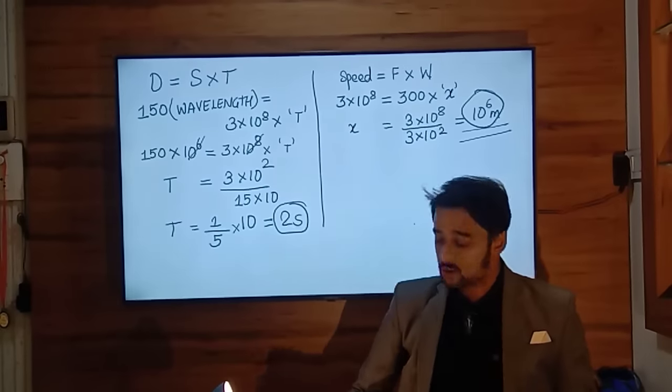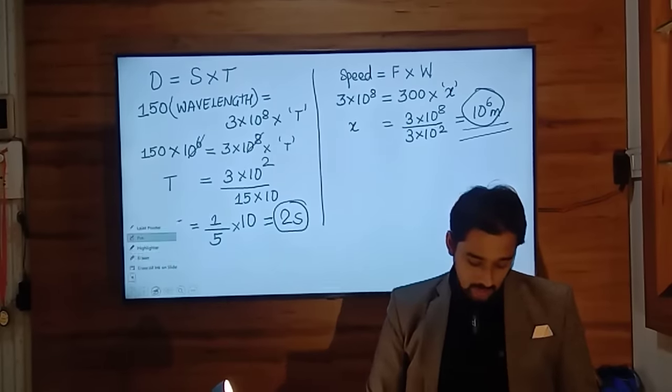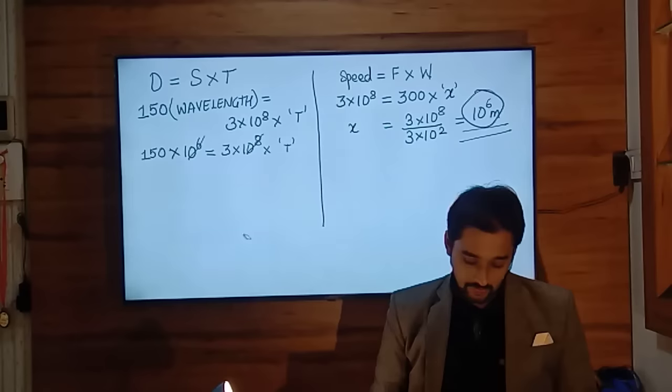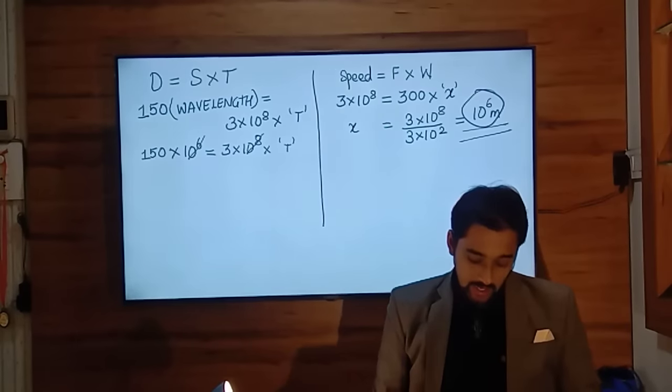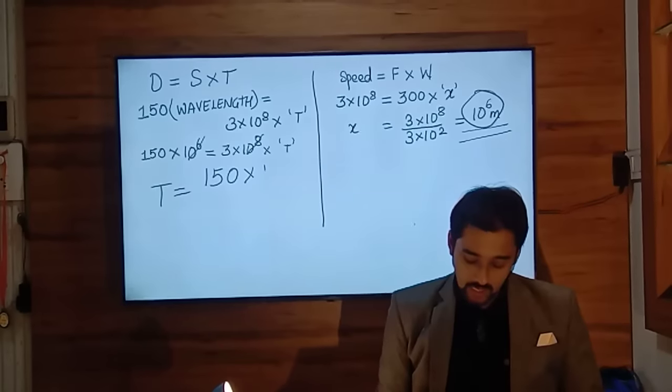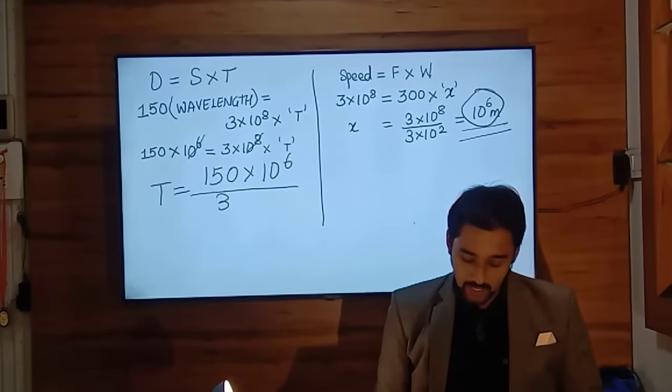Okay, a little bit of correction over here in cross multiplication. T will be equal to actually 150 into 10 raised to 6 divided by 3 into 10 raised to 8.